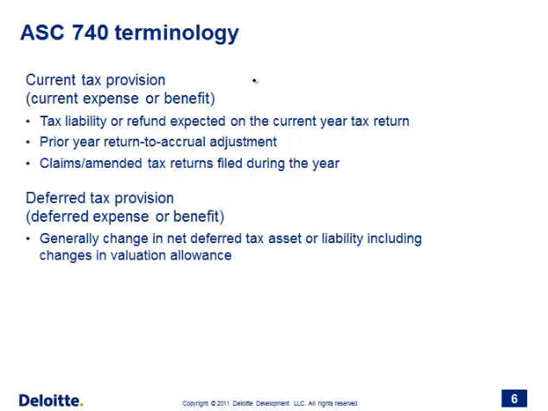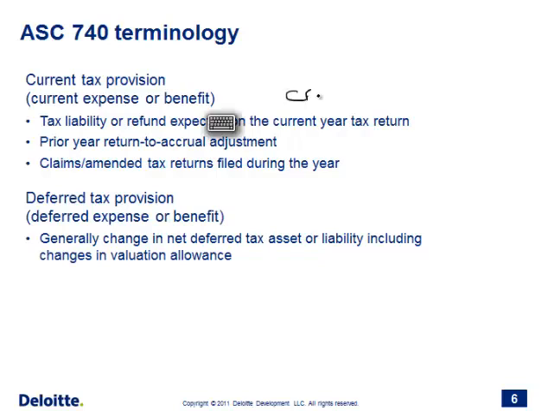So the current expense. The current expense is basically the journal entry that you would book related to taxes that you owe currently. So I think what I was telling you earlier was that let's say I have $100 of income and the tax rate is 35%.